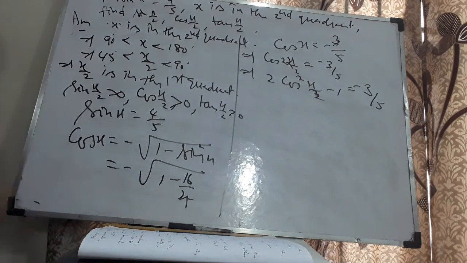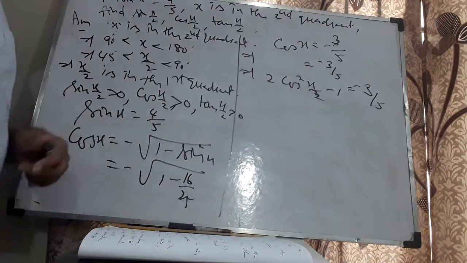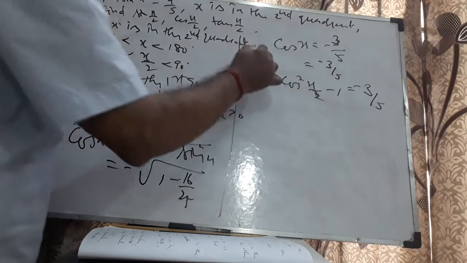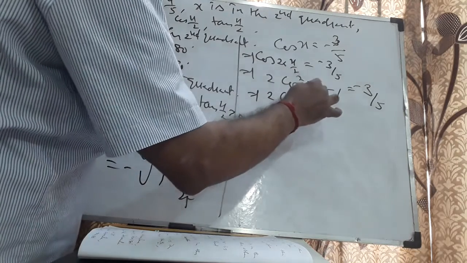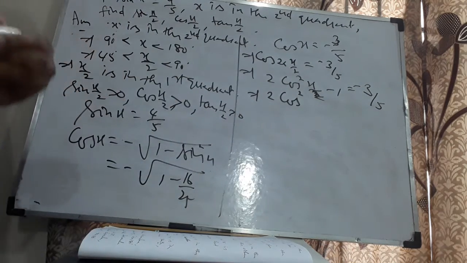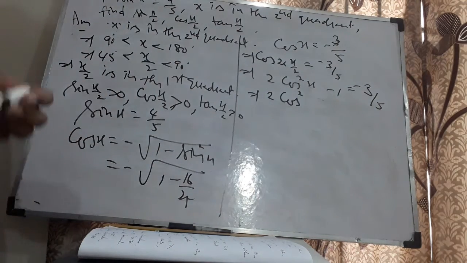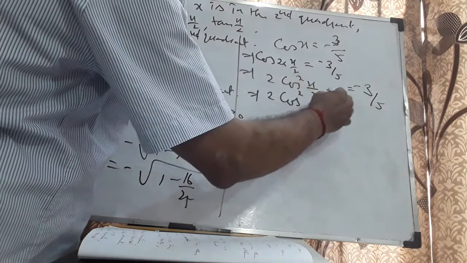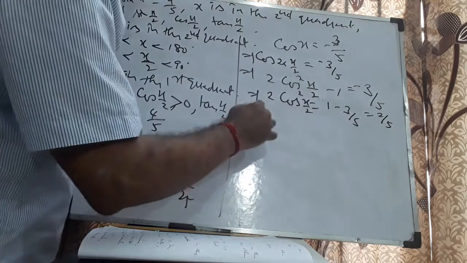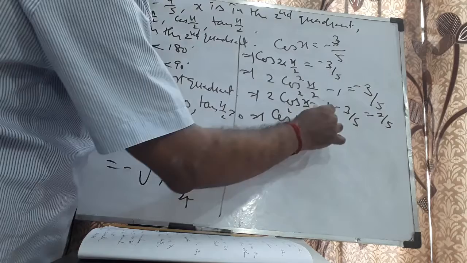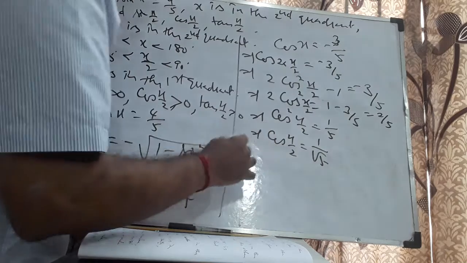This is not very clear, let me just rewrite this. 2 cos square x by 2 happens to be 1 minus 3 by 5, which is 2 by 5, which implies cos square x by 2 is 1 by 5, which implies cos x by 2 is 1 by root 5.